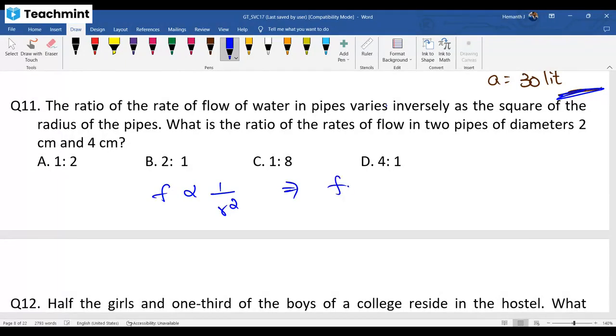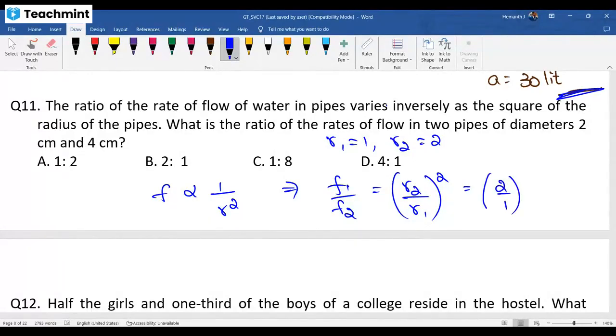So F1 by F2 is R2 by R1 whole square. Diameter is 2 and 4, which means radius will be 1 and 2. You want R2 by R1 because they are inversely related. R2 by R1 is 2 by 1 whole square, which is 4 is to 1.